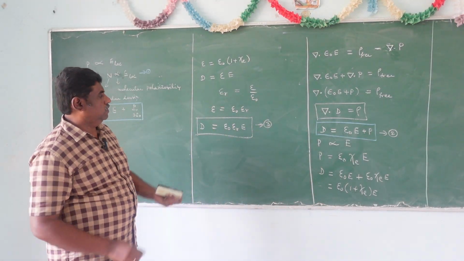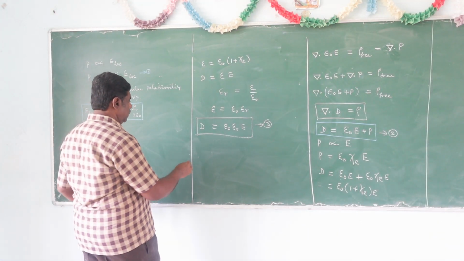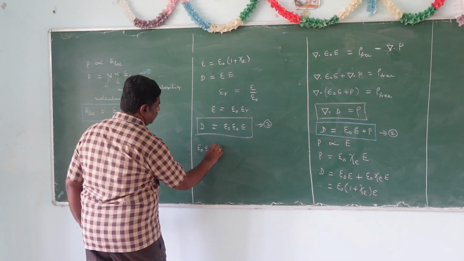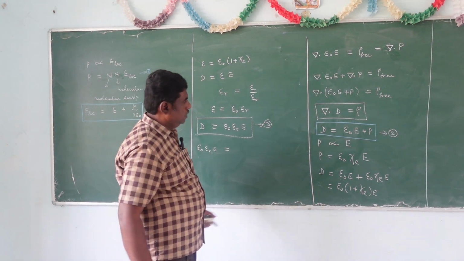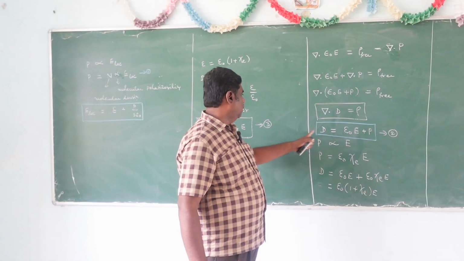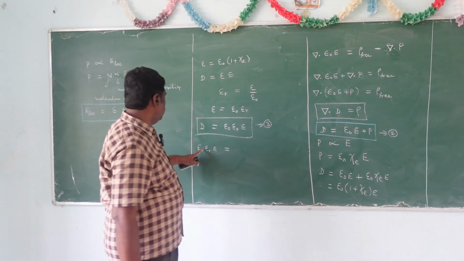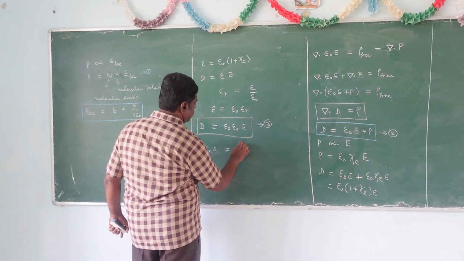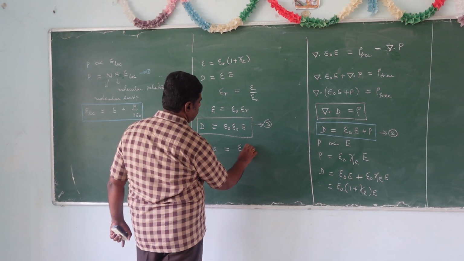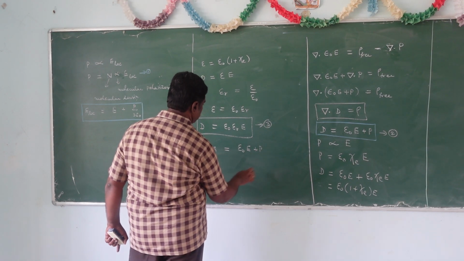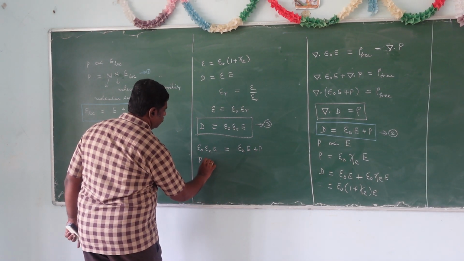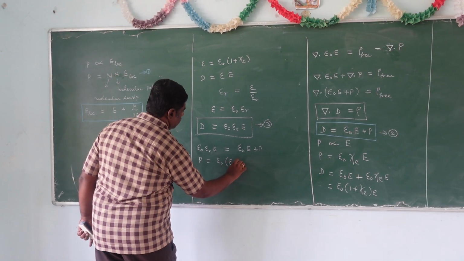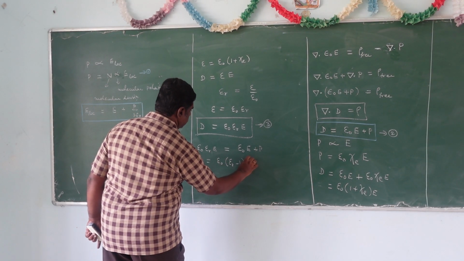From these two equations, we can write epsilon naught epsilon r into E, which is equal to epsilon naught E plus P. From this we can write P equal to epsilon naught into (epsilon r minus 1) into E.